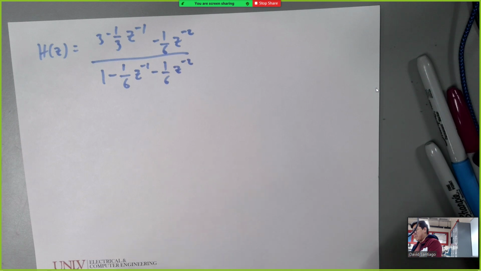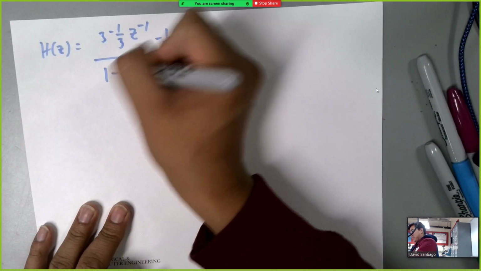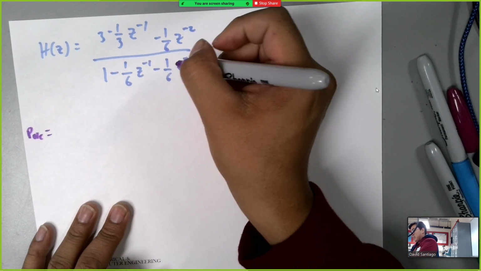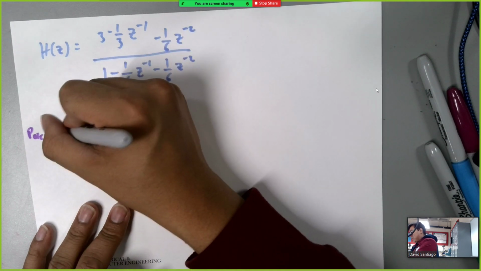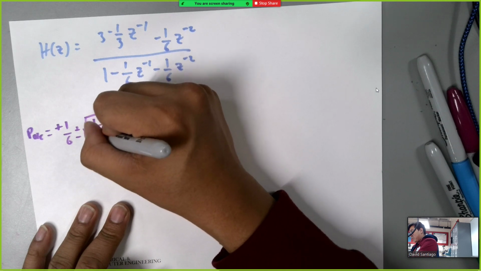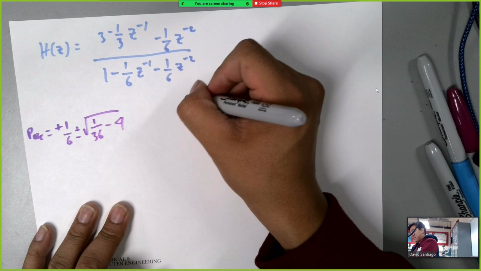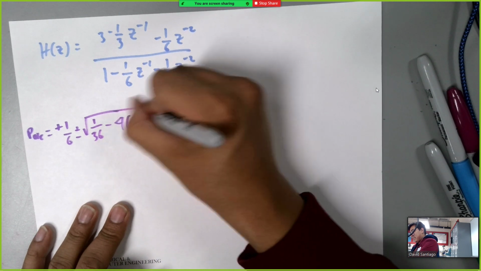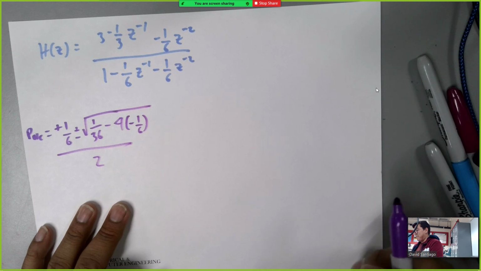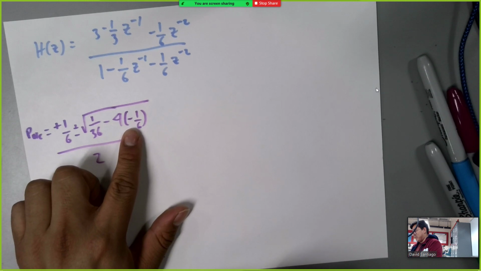You could do the following: the pole is equal to x equals positive 1 over 6 plus or minus the square root of 1 over 36 minus 4ac, minus 1 over 6 all over 2, right? You could do that, but there's an easier way. For this will technically get you the right answer if you want to.